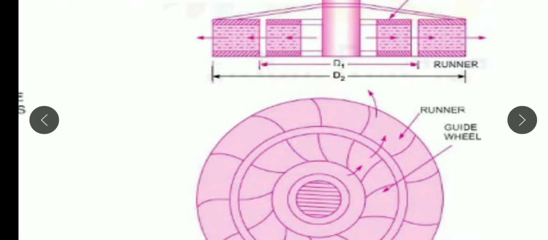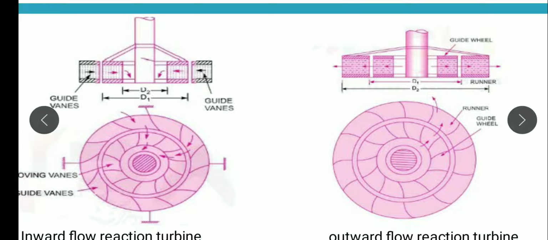So this is a very important notation. The d1 and d2 values will change in case of inward flow reaction turbine and outward flow reaction turbine. So be careful with this, because while solving problems that is very important.